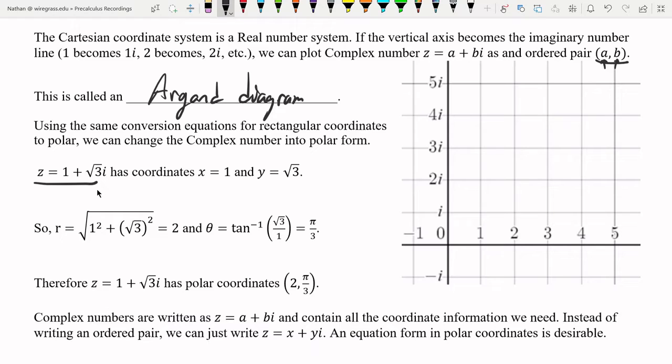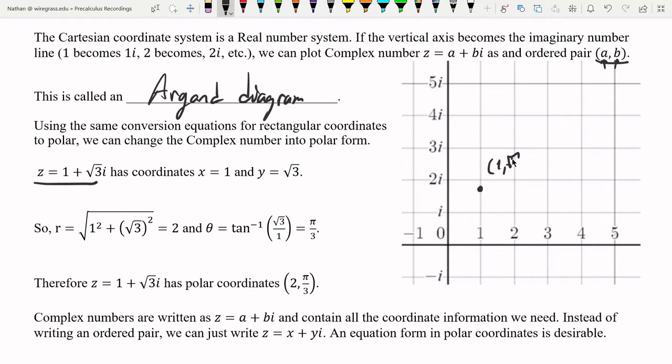If I type root 3 in the calculator, that's going to give me 1.73, so it's going to be 1 over and 1.73 up. It's going to be somewhere around here, and so this is our complex number.